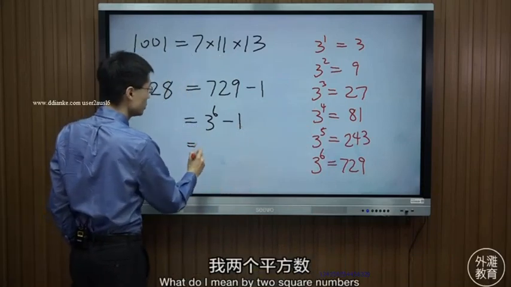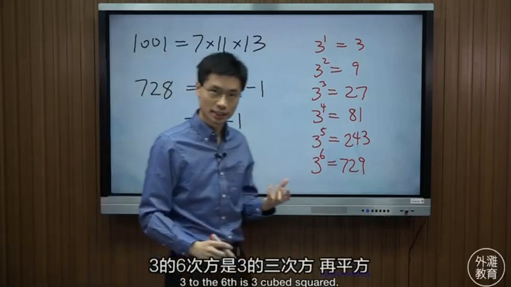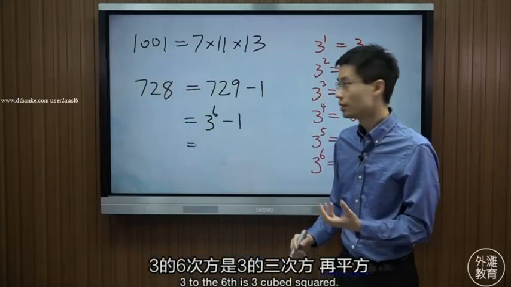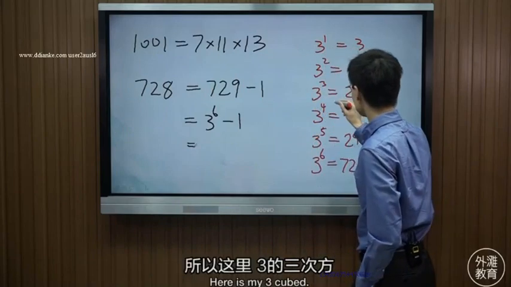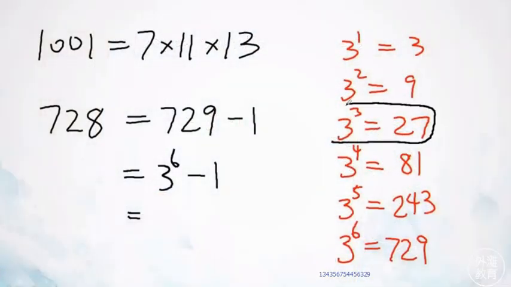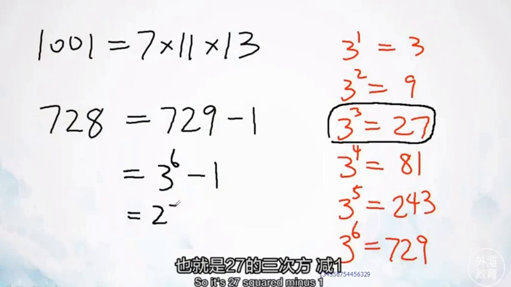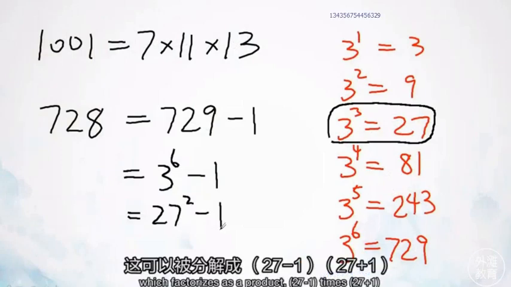What do I mean by 2 square numbers? 3 to the 6th is 3 cubed squared. Here's my 3 cubed. So it's 27 squared minus 1, which factorizes as a product 27 minus 1 times 27 plus 1.